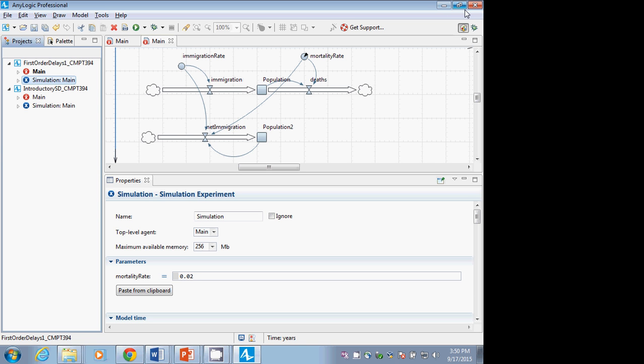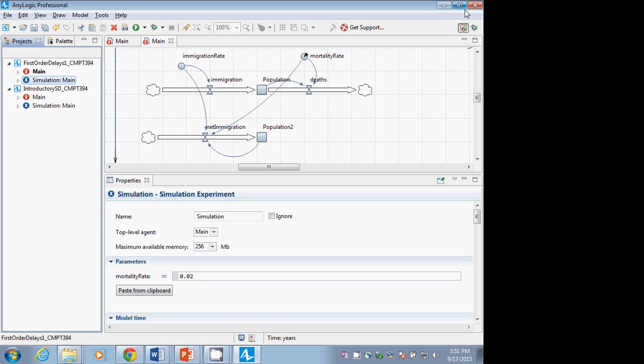I'm going to tell you one fact. When I introduced first-order delays, I noted that they could be phrased in one of two ways. As population times some rate, or as a stock times some rate to make it more generic, or it could be phrased as a stock divided by some delay.